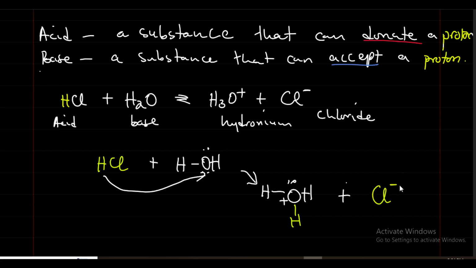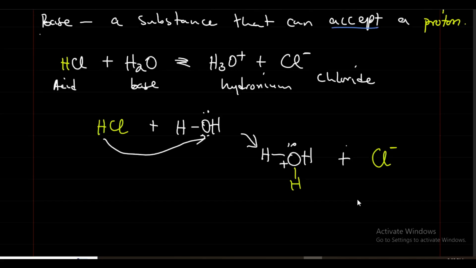So the electron that was supposed to be on hydrogen is now left with chlorine. The hydrogen went to the water molecule empty-handed, and then the water molecule shared its lone pair with the hydrogen. Hence it is positive now. Hence the hydronium, and here the chlorine.